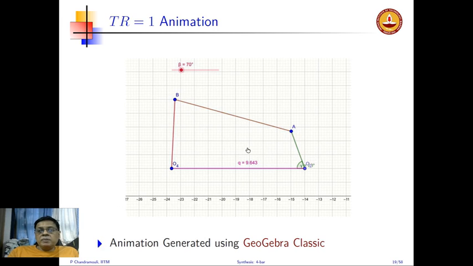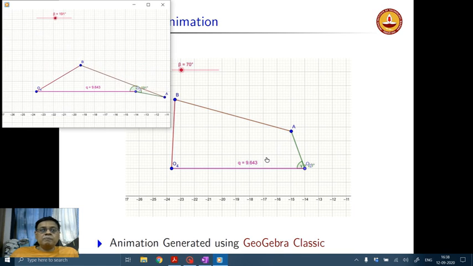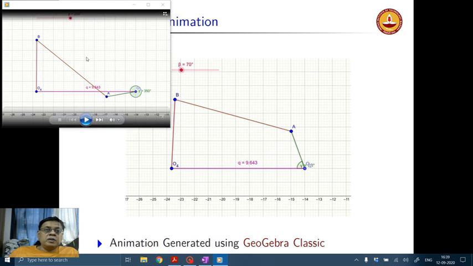So here's an animation of what I have designed. Again, on the right side is the crank. Unlike the earlier animations where the left part was the crank, the green one is the crank. So you can see that we are going through. This is a 1:1. I'll play again.